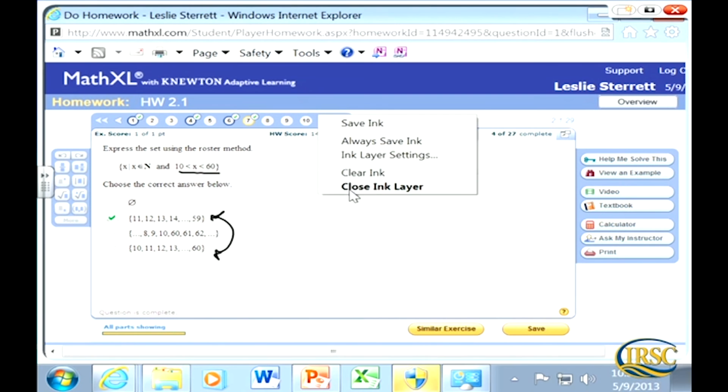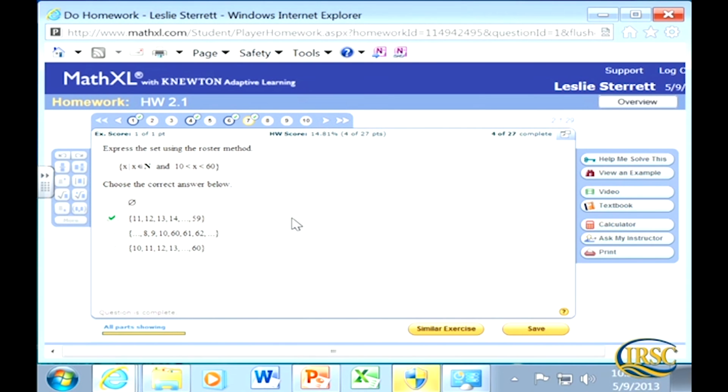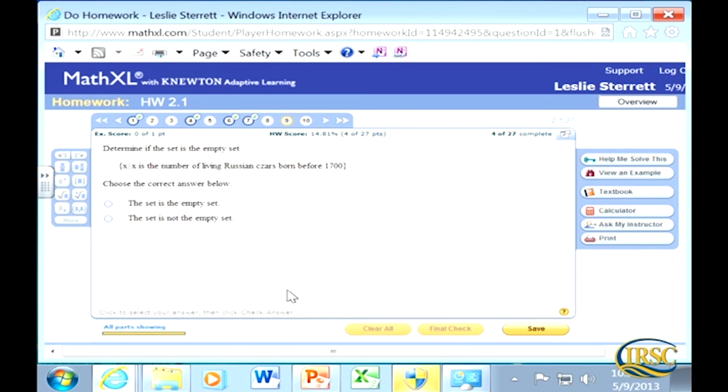Okay, so the other types of things you're going to be doing is identifying whether certain sets are the empty set or not empty. So the set here is the set of all elements x such that x is the number of living Russian czars born before 1700.